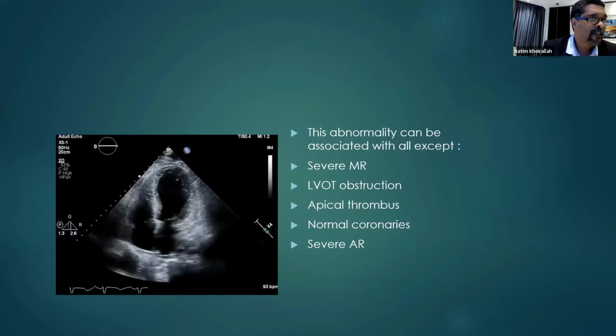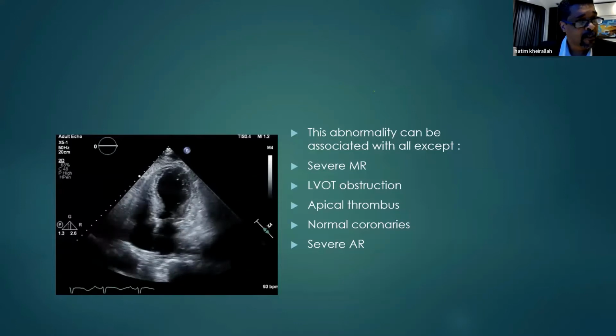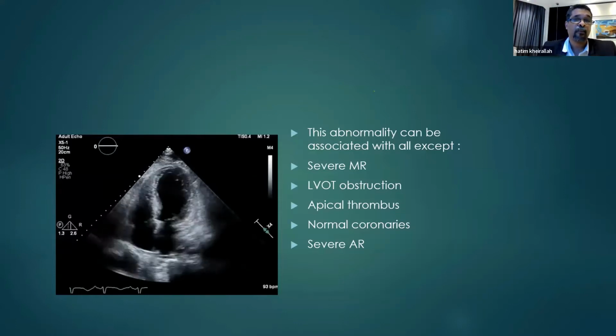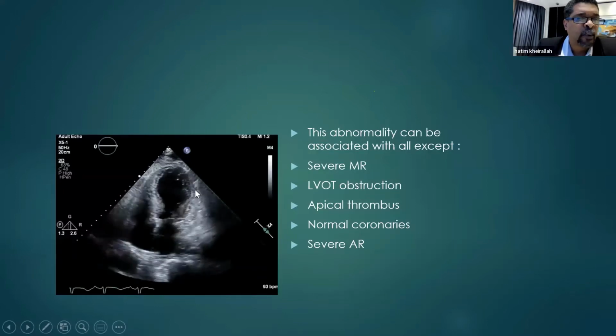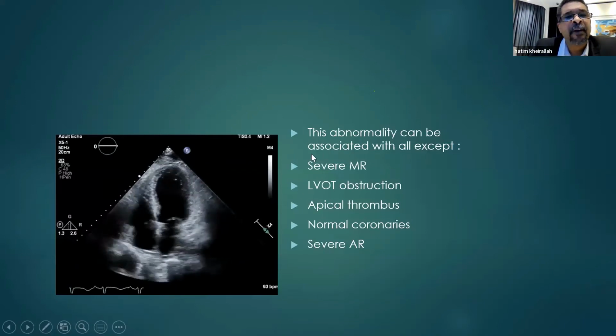But you might find that it's quite normal, and retrospectively that is the diagnosis of Takotsubo. So in either case, whether this is Takotsubo or acute anterior MI leading to apical aneurysm, are we going to find severe MR?